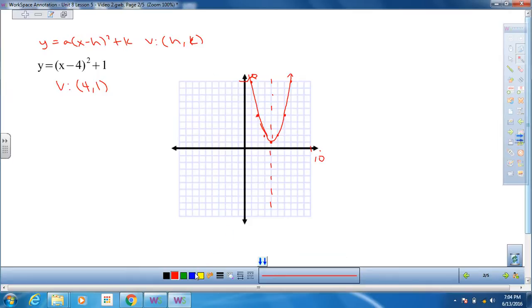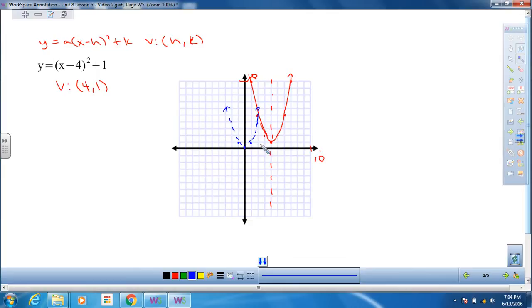Okay, let's talk about what changed from the parent function. So here was my parent function, y equals x squared. I'm just going to dash that in. Well, they both open up, so that didn't change.